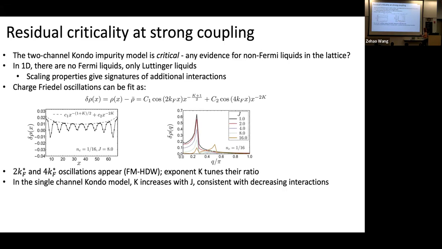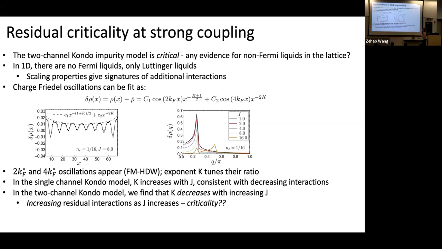What you see, we don't have a whole lot of points, so I'm not plotting it as points, but in the single channel model, you find that this Luttinger exponent K increases with J, and that corresponds to decreasing residual interactions in your Luttinger liquid, or what would be residual interactions in your heavy Fermi liquid.